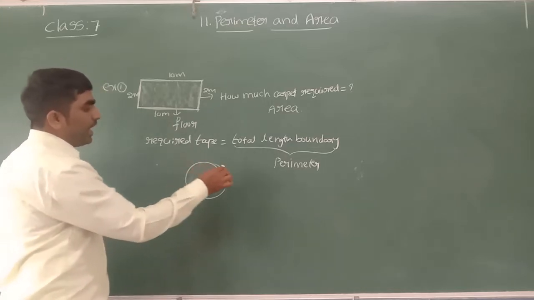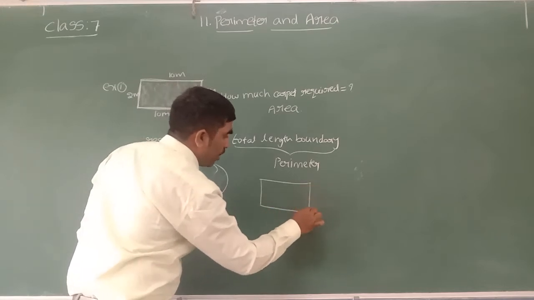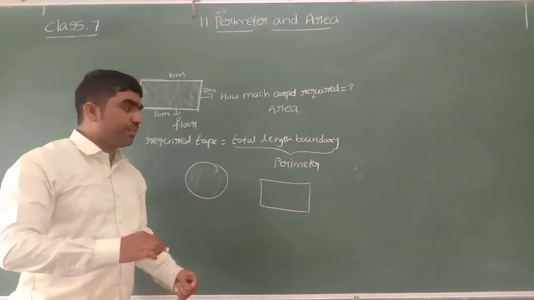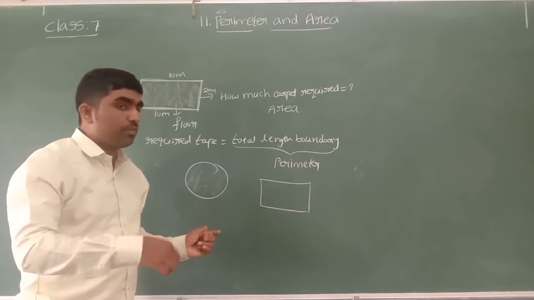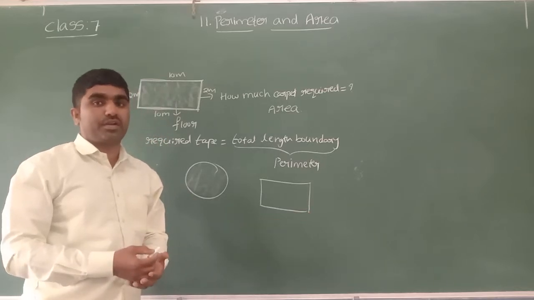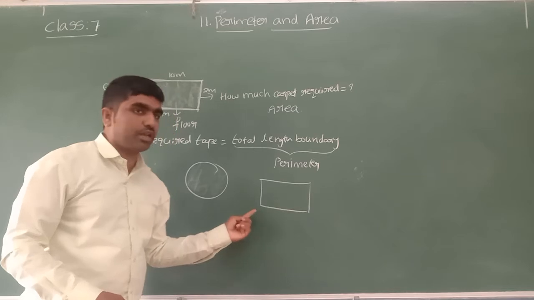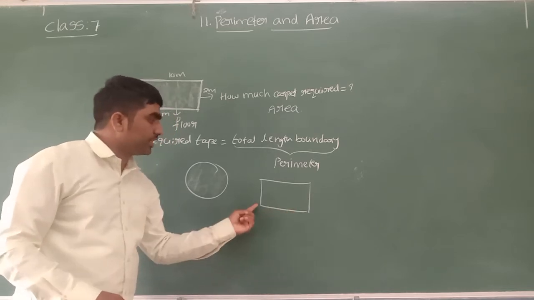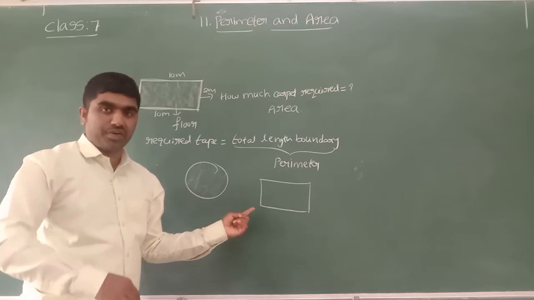And if I have one rectangular plot and I want to fence it with wire, how much wire is required? Fencing means we need to cover the total length of the boundary with wire.